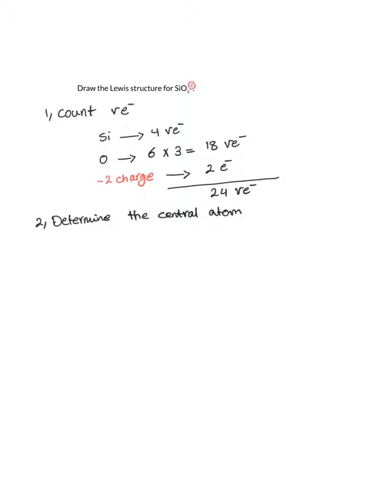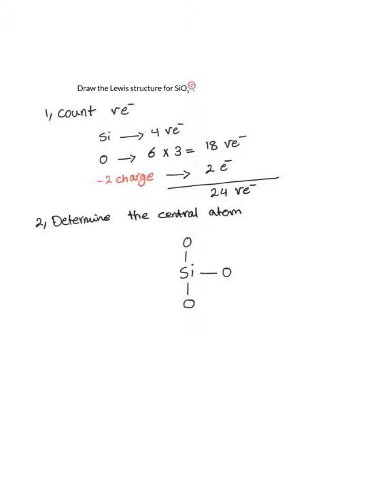So silicon will be the central atom here. And then we need to connect the surrounding atoms, oxygens here, to the central atom with a single bond. So we have 3 oxygens in this molecule, and we will connect them to the central atom with bonds, or sticks, or lines.